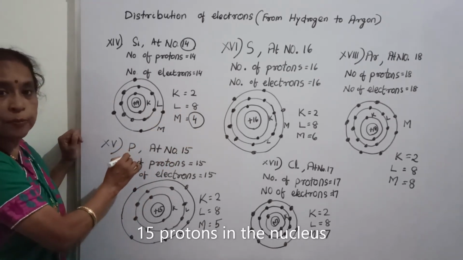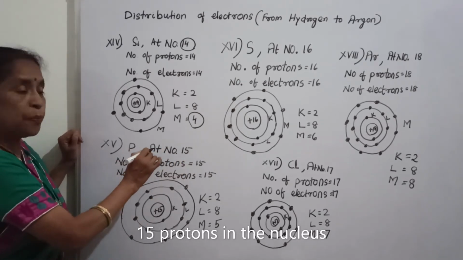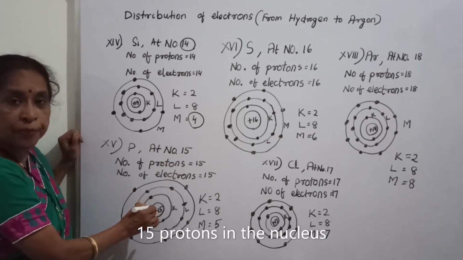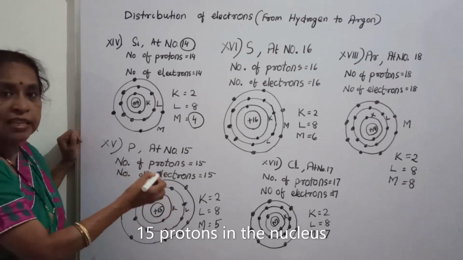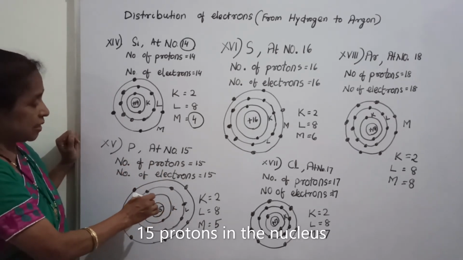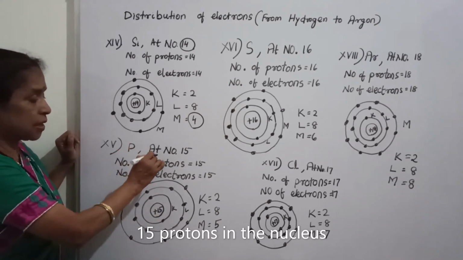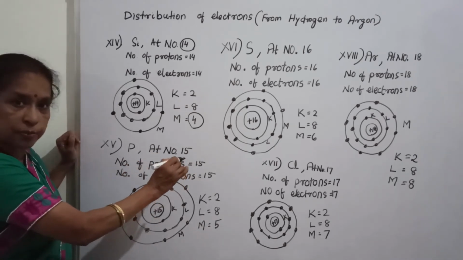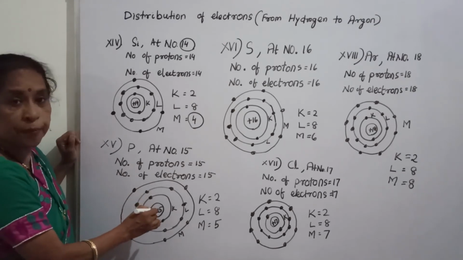Then come to phosphorus, where atomic number is 15. That means number of protons equal to 15, so plus 15 inside the nucleus. Phosphorus atomic number 15, number of protons 15, so number of electrons 15. That is why inside the nucleus it is plus 15.